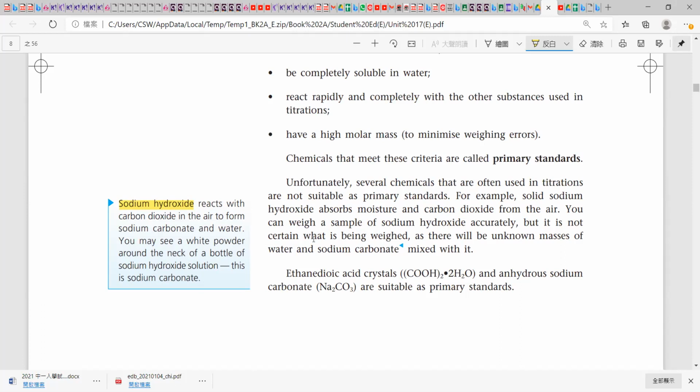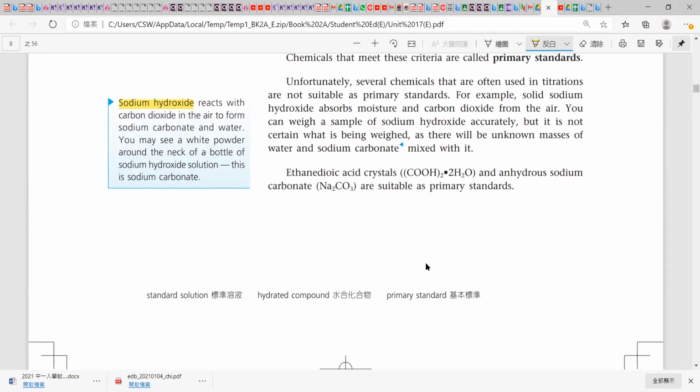OK? 咁有邊啲得咧？阿 Sir 問我話有啲唔得，咁邊啲得咧？又係例如 oxalic acid crystal，ethane dioic acid crystal oxalic acid 啦。Or anhydrous sodium carbonate, they are suitable for making as a primary standard.